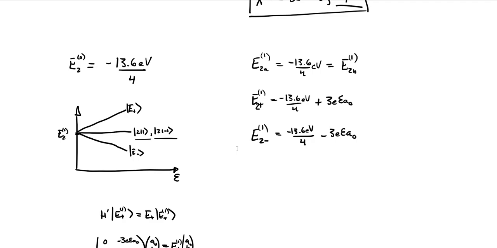The E plus and E minus states just correspond to, if you think about it classically, the states where that dipole moment aligns with the electric field or anti-aligns with that electric field. And that's what we have.